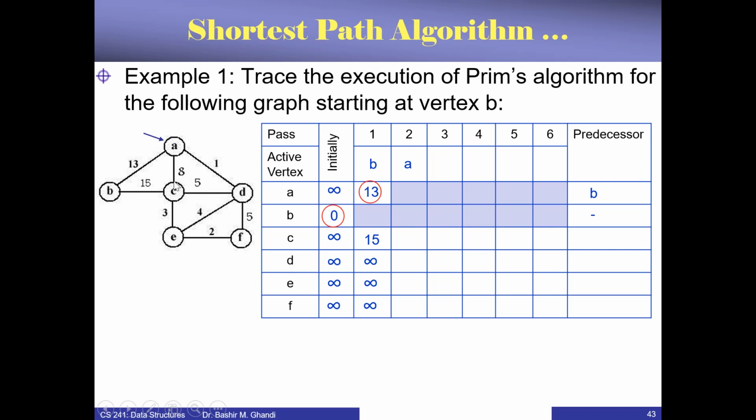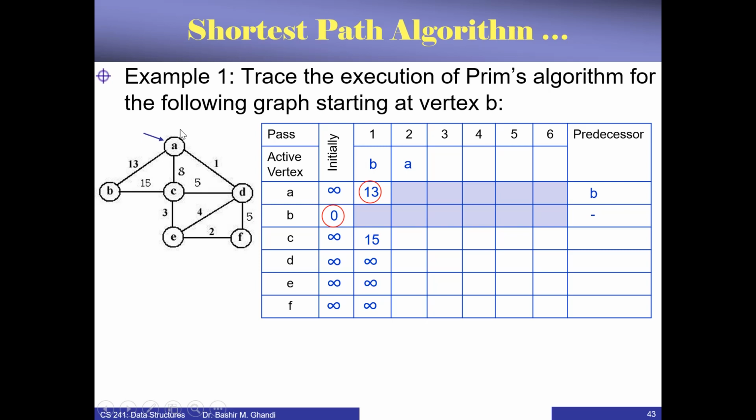So if it were Dijkstra, we would say 13 plus 8, which is 21. But no, in Prim's, we are not interested in the cost from the source. We are just interested in finding the edge that has the minimal value in terms of its weight. So just consider the cost of the edge, which in this case is 8.